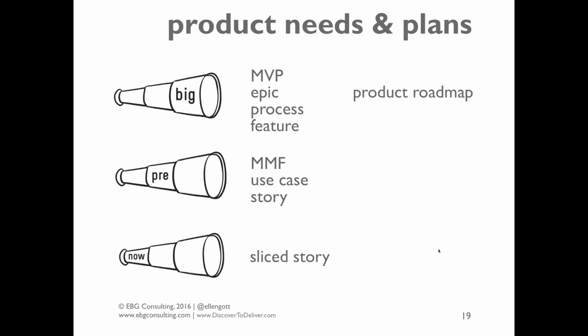From a planning point of view, we have a product roadmap, a release plan, and a sprint or an iteration plan. Now, I want to just remind you, those things that I've listed there, MVPs, MMFs, and so forth, your language may vary slightly in organizations. We've seen all across the board use different terms for those chunks.